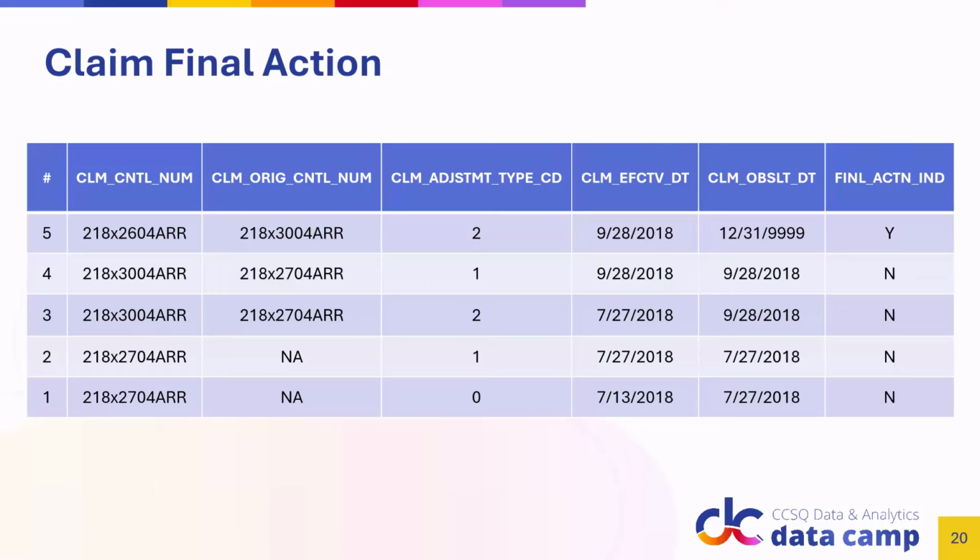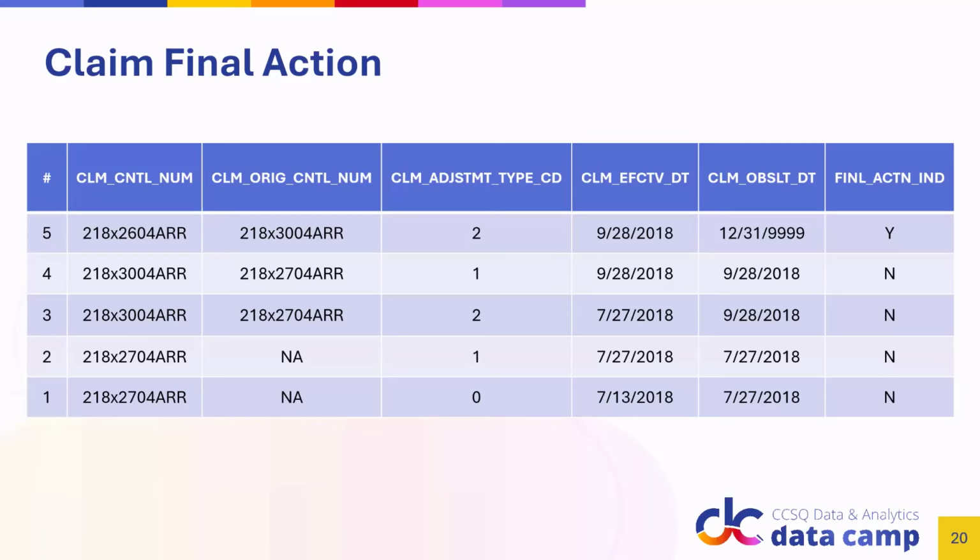Most notably, diagnosis could be adjusted, and sometimes revenue center codes and various procedure codes can also be adjusted. And let's look at what happens here. The claim has a final action indicator, which could be set to yes or no. So let's observe this table from the bottom.